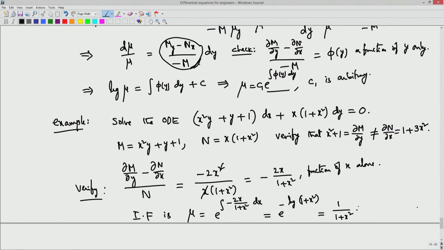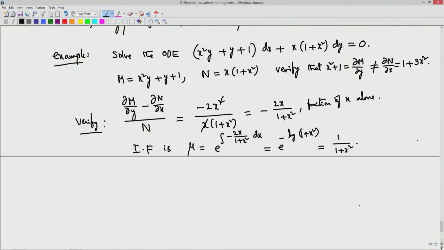Now the integrating factor is known, so you multiply this to your equation. So 1 by 1 plus x square into M, that is (x square y plus y plus 1) dx, plus x into 1 plus x square divided by 1 plus x square for the second term, dy equal to 0.